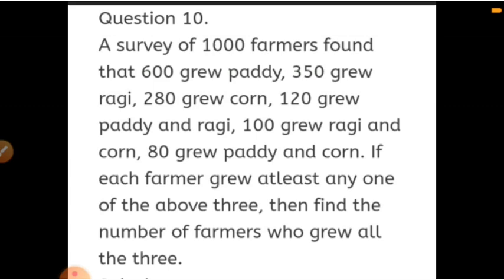If each farmer grows at least one of the above 3, then find the number of farmers who grow all the 3.